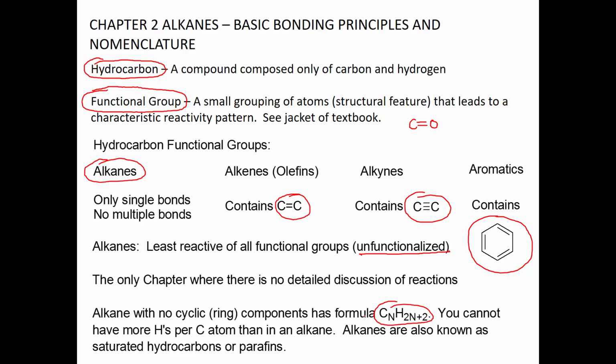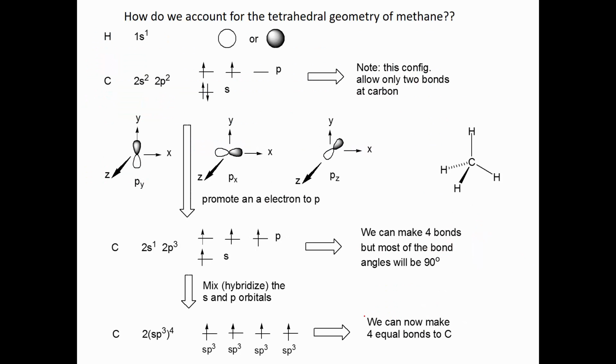They're commonly called saturated hydrocarbons. We've crammed as much hydrogen per carbon as we can possibly get into the molecule in the alkane structure. Okay, another synonym is the paraffins.